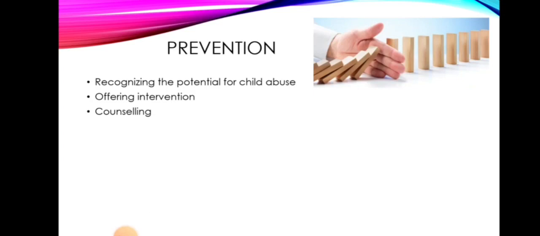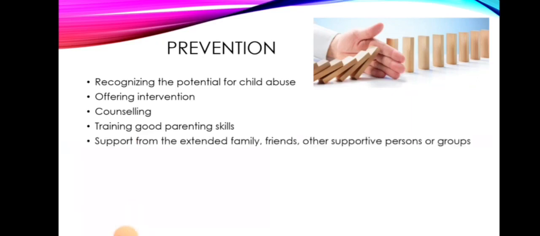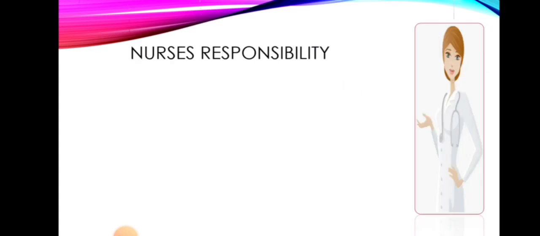Counseling is mainly provided to the parents or the guardian, and we can provide training to the parents regarding good parenting skills. And we have to get support from the extended family, friends, and other supportive persons or groups. So these are the ways we can prevent child abuse to some extent.